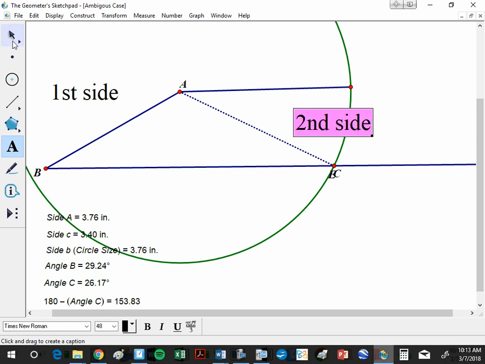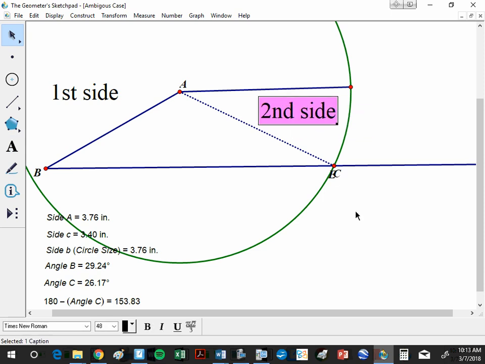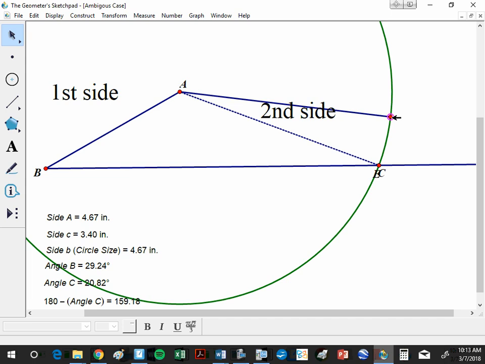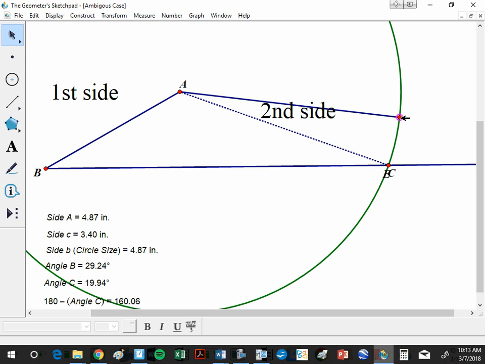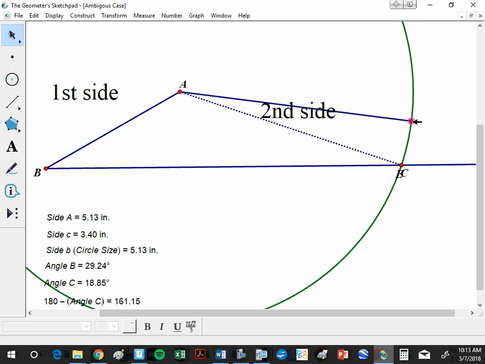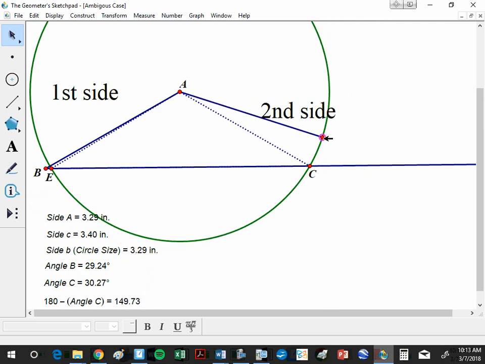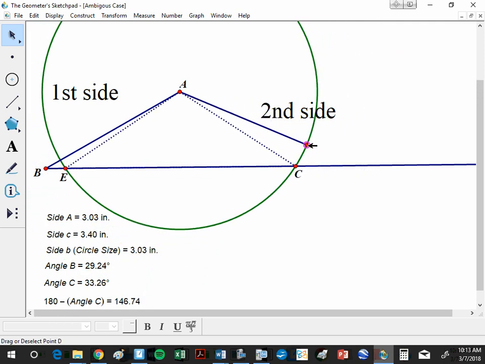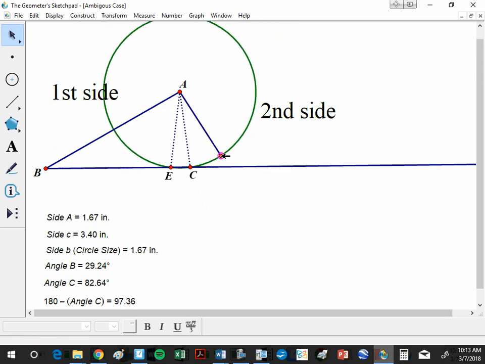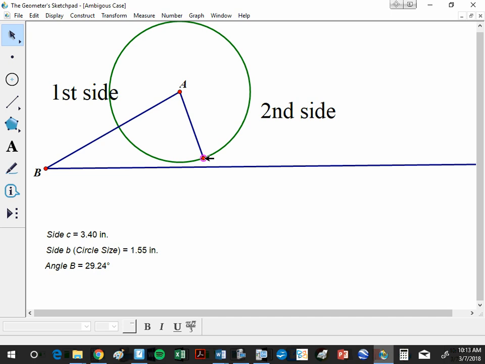Okay, so simply put, if the second side is longer than the first side, then you have 1 triangle every time. Okay? And then if the second side is smaller than the first side, you could have 2 unless it's too small, and then you have none. Okay? Does everybody understand the picture?